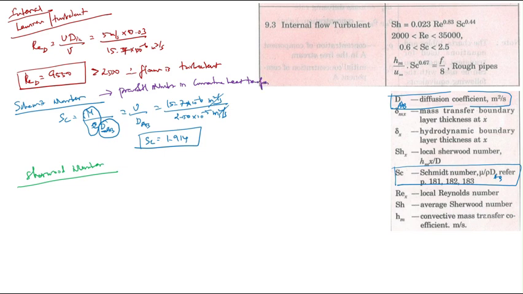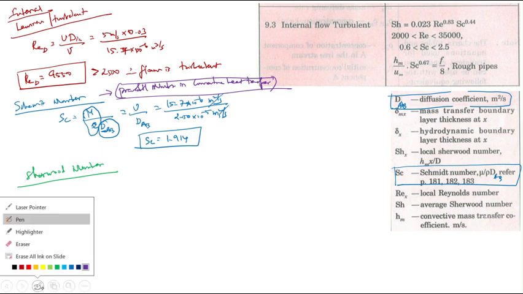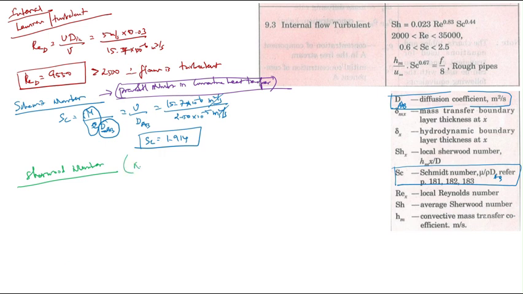So what the Prandtl number does in convective heat transfer, the Schmidt number does in mass transfer. Next is the Sherwood number. The Sherwood number is similar to the Nusselt number in convective heat transfer. So the procedure is the same for both cases, but the dimensionless number is different for heat transfer and mass transfer. So here we are choosing the Sherwood number.